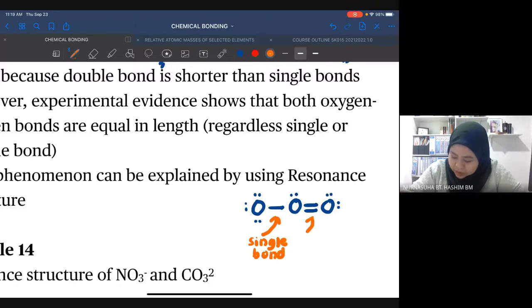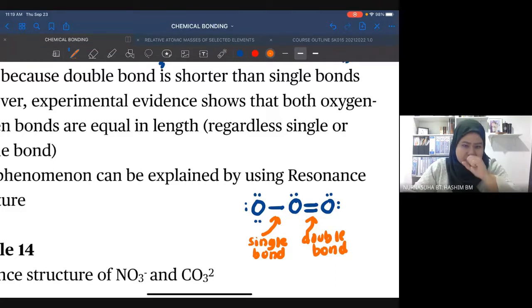And we also have one oxygen-oxygen double bond. Okay, kita expect when we calculate the length of the atom, kita expect single bond panjang, double bond pendek.